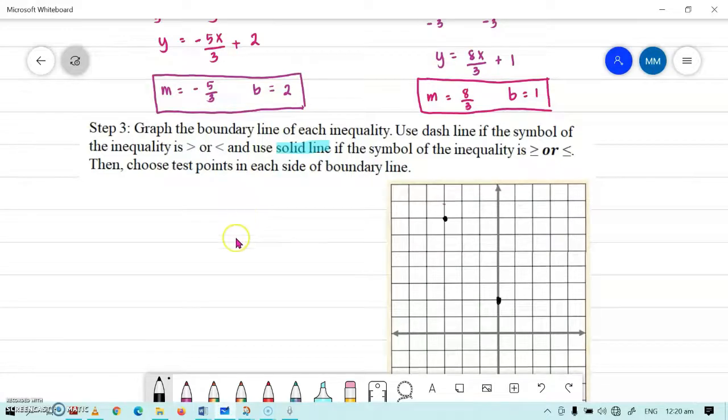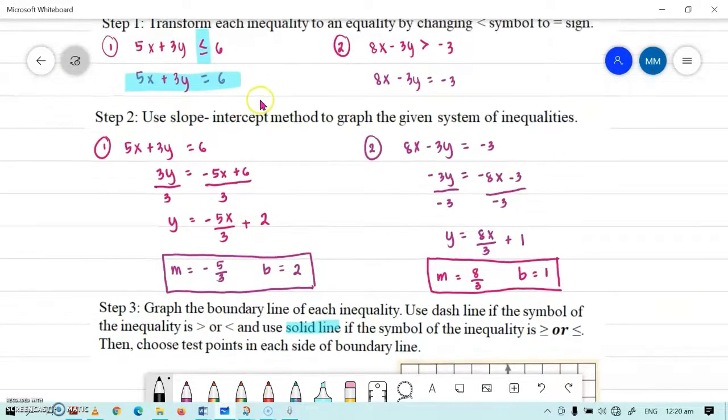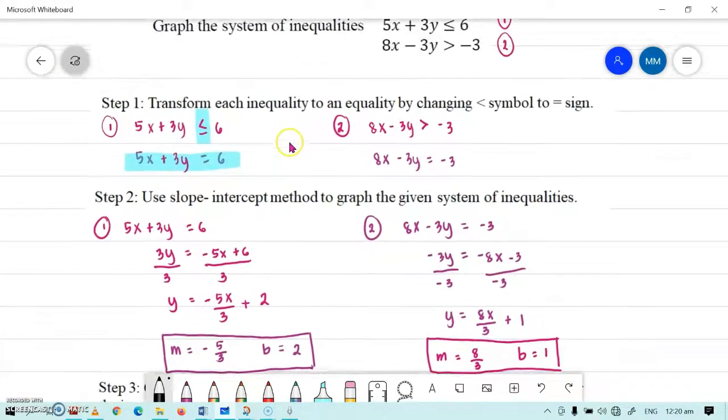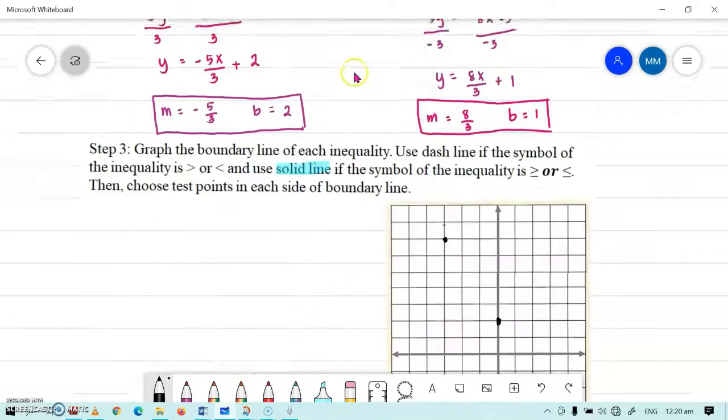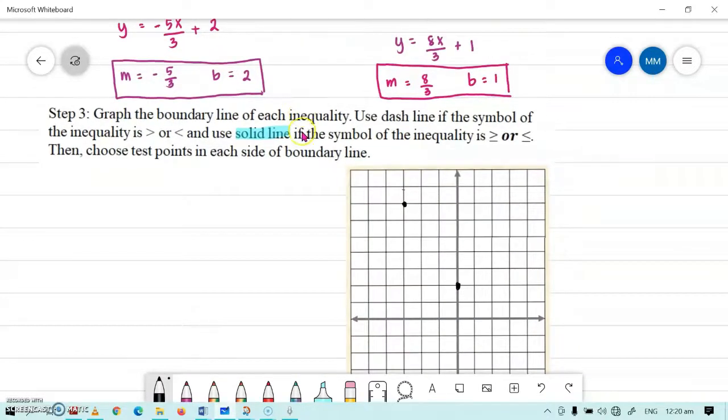Since in our inequality 1, we are given 5x plus 3y is less than or equal to 6, and since it's less than or equal to 6, in graphing the boundary line we will use a solid line. Okay?